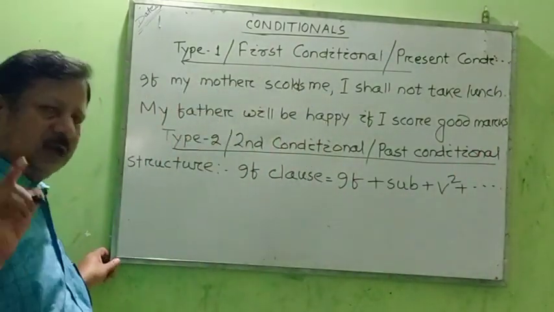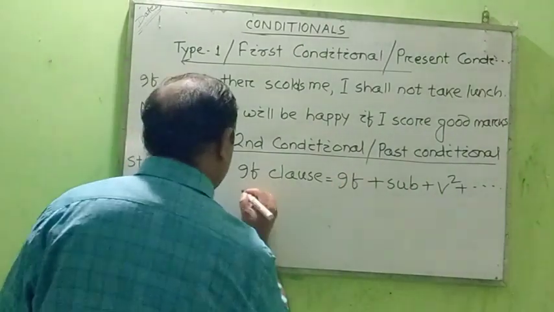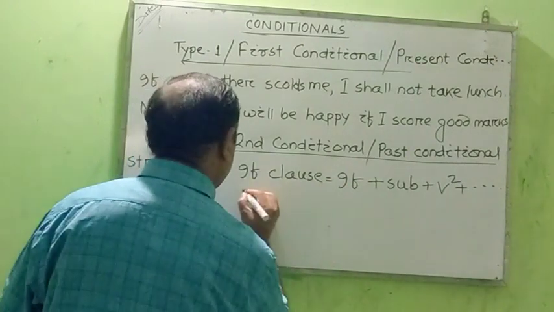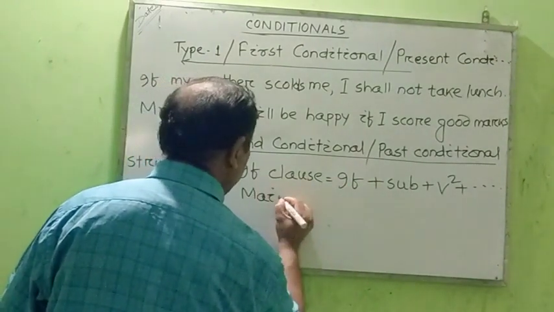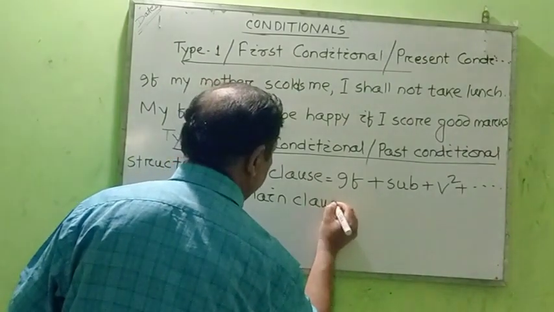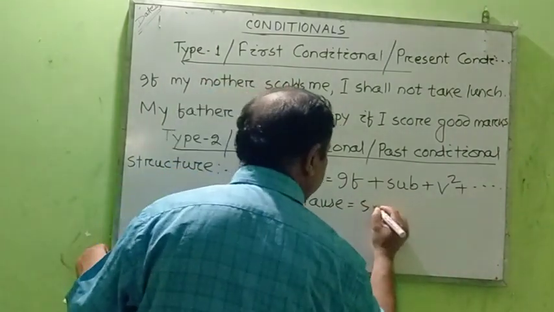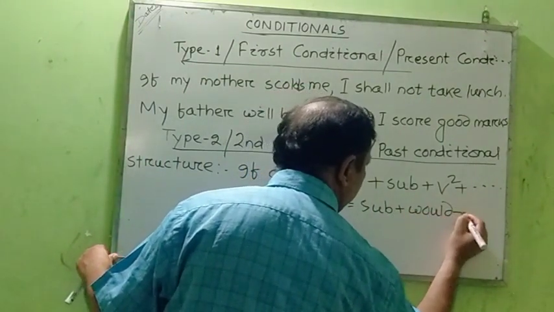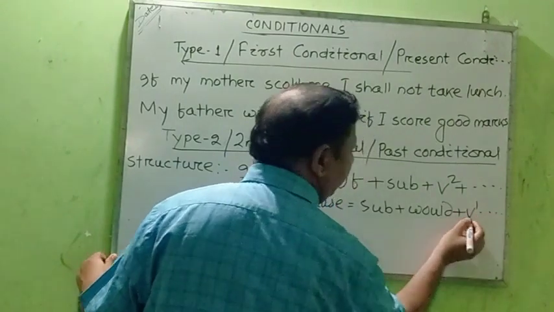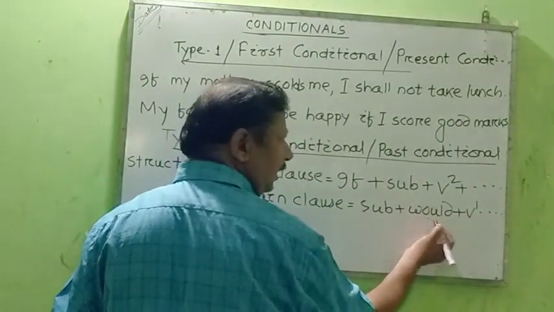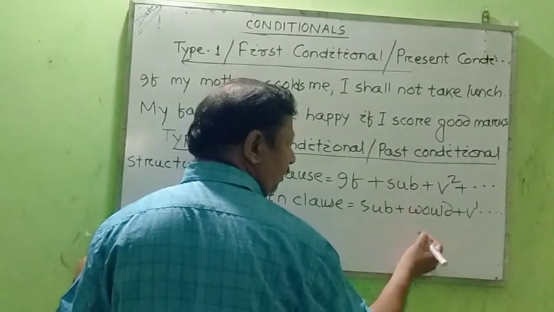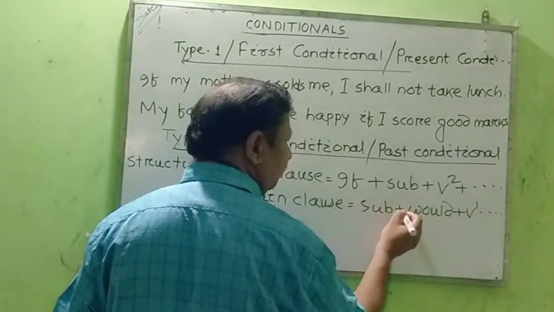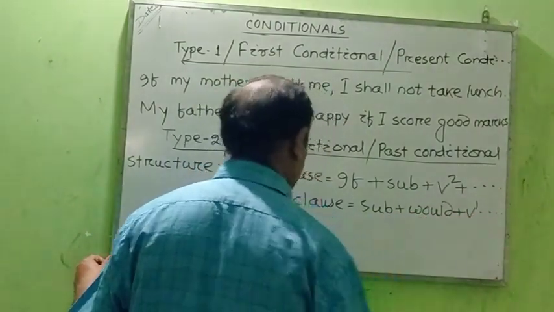The main clause is equal to subject plus would plus verb 1 plus any object or complement. Here it is verb 1 because this is the modal would. Later you will know how could, might, should, and must are used here, but for the basics, know that it is would.